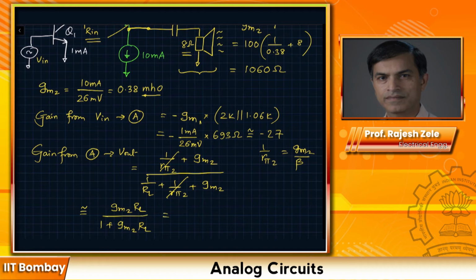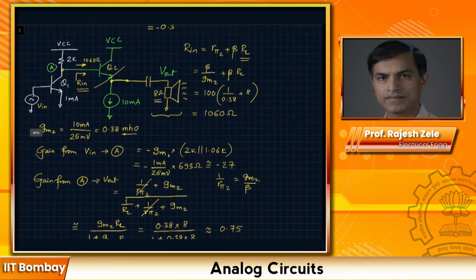So this number is 0.38 multiplied by 8 ohms, divided by 1 plus 0.38 multiplied by 8 ohms. We don't get gain, but we actually get a loss. So we get 0.75. What did we figure out so far?